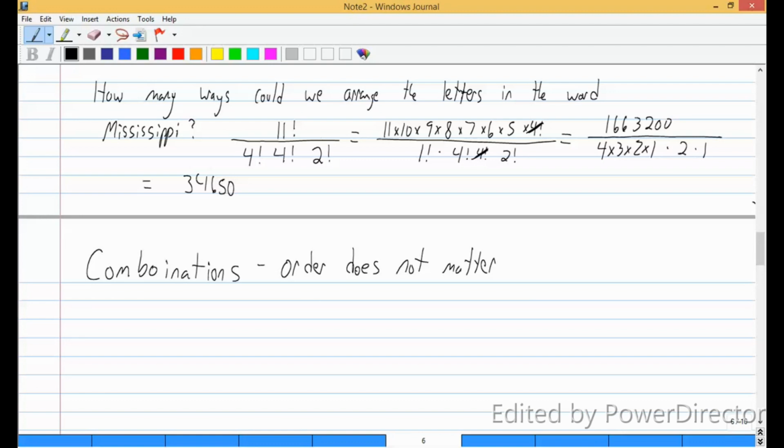I can choose Jack and then Jill, or Jill and then Jack. I have the same two people. So when you're choosing objects like that, and order doesn't matter, it's called a combination. And I don't know why I misspelled that. I put an extra letter in there. All right.